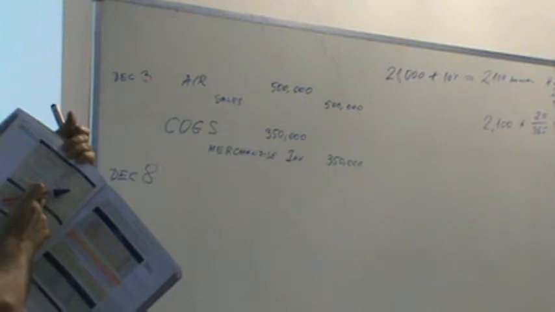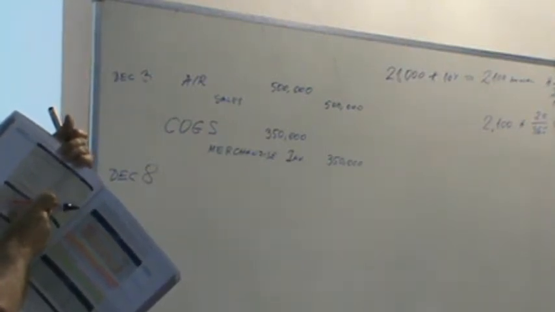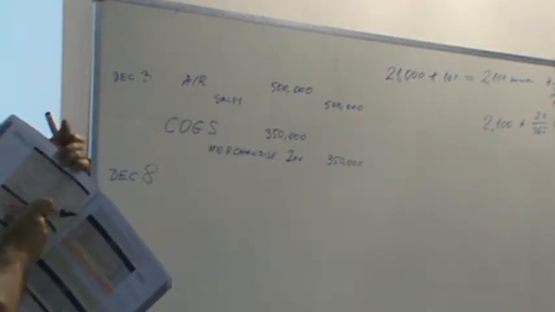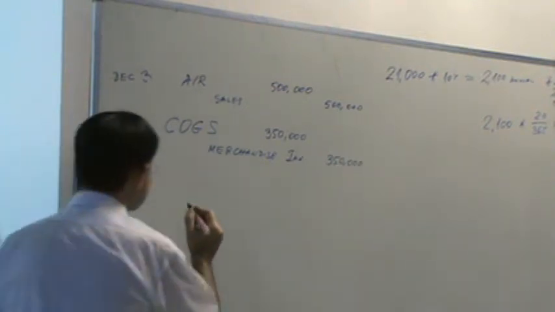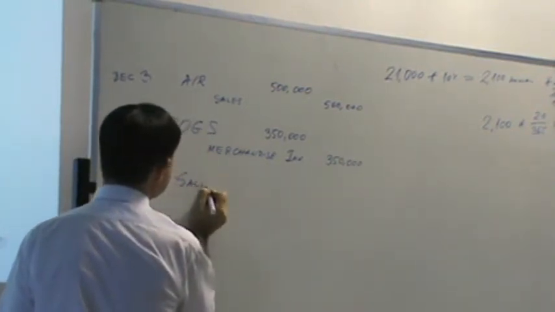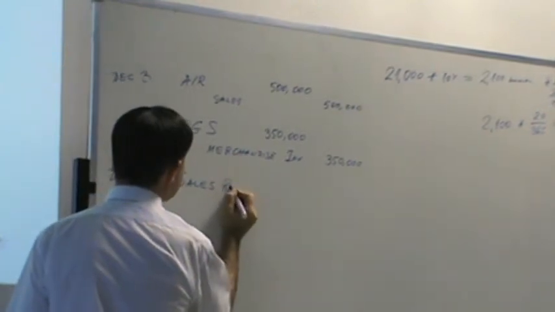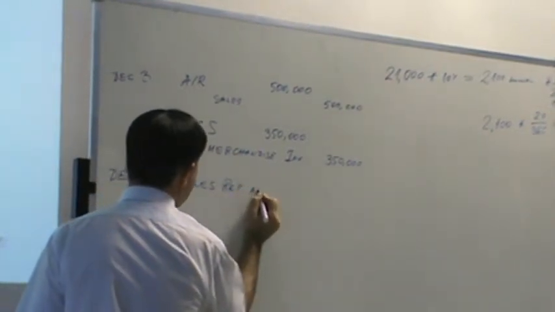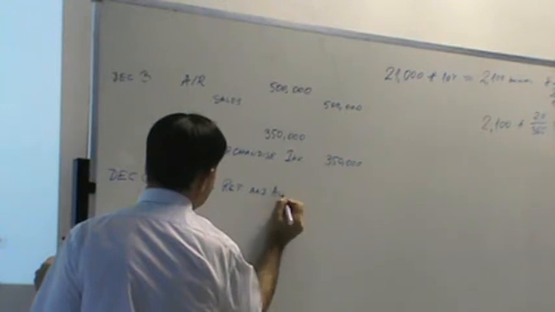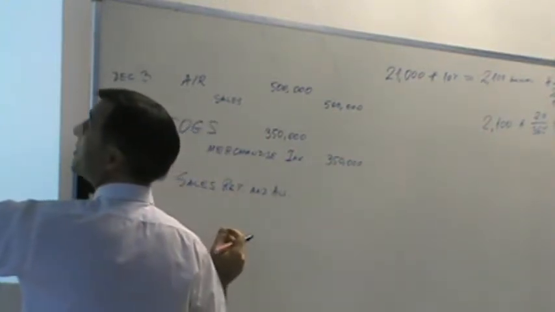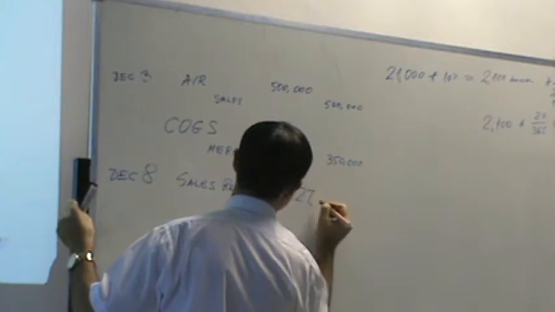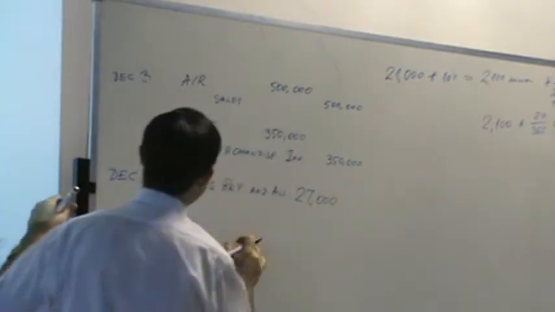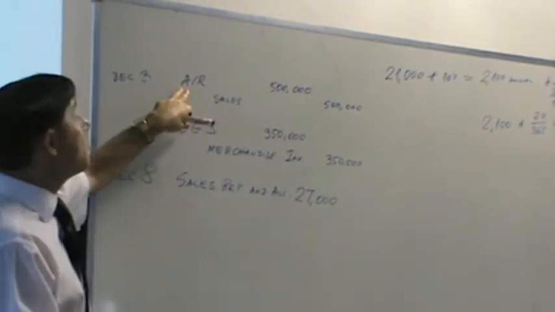You say debit sales returns and allowance 27,000, credit account receivable.